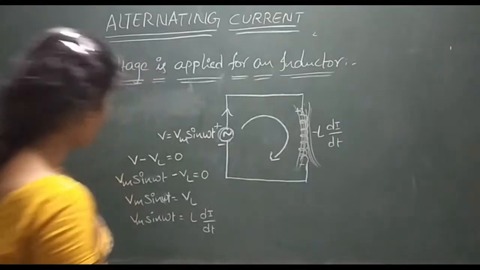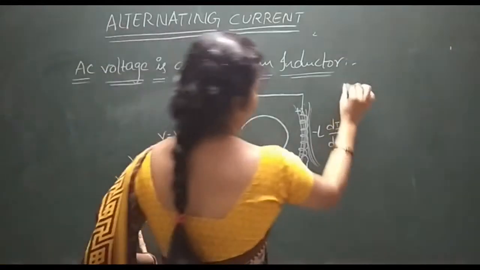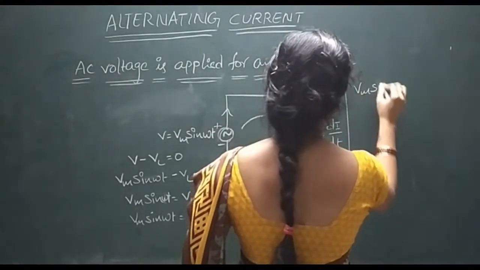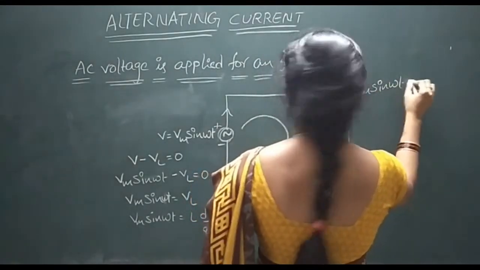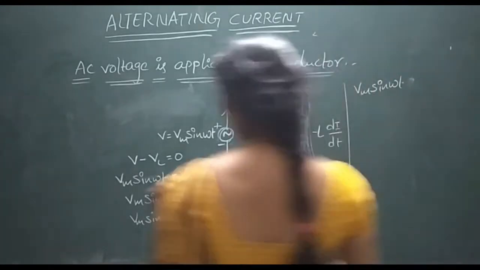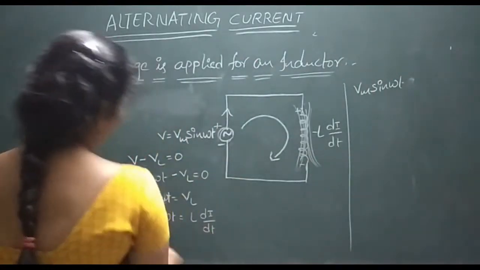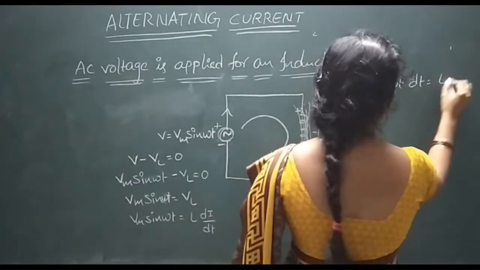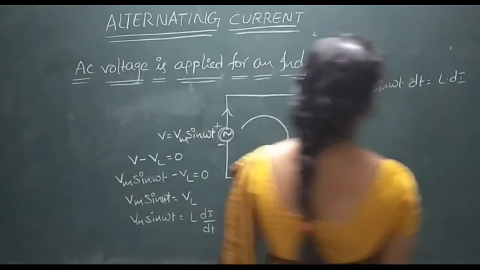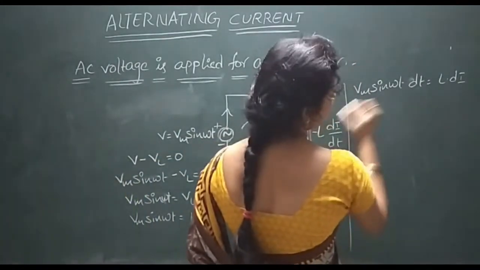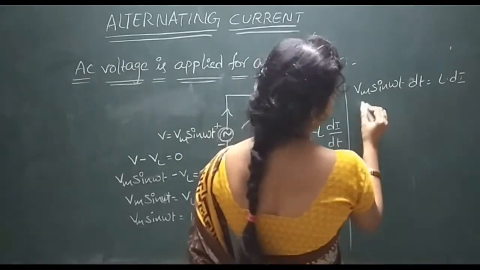So Vm sin omega t is equal to L into di by dt. By cross multiplication, Vm sin omega t dt is equal to L into di.